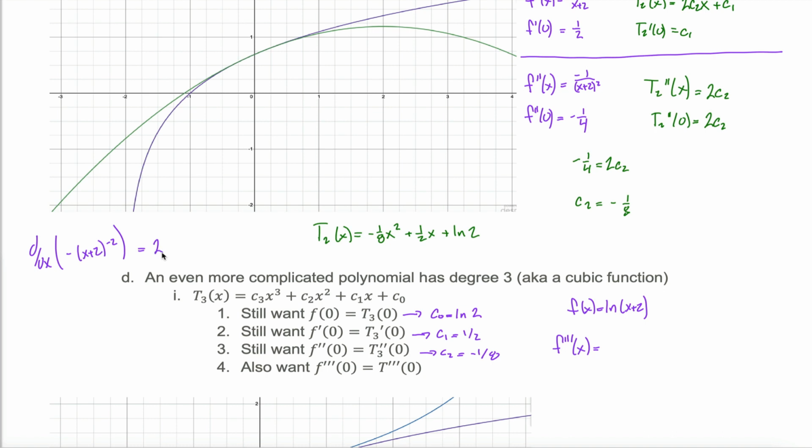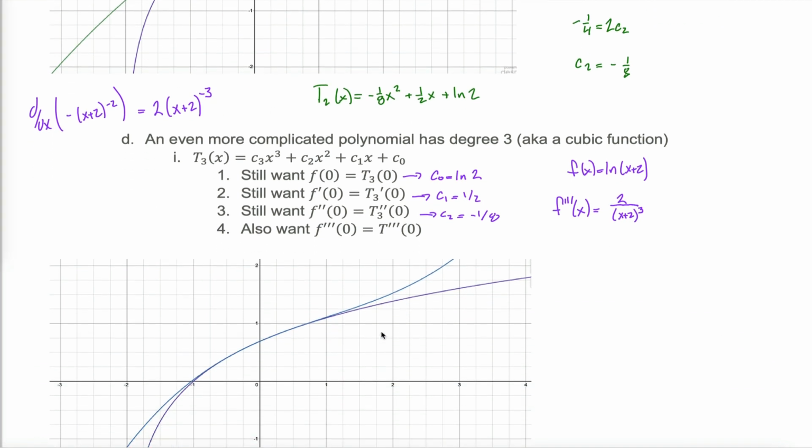Negative 1 times negative 2 gives me positive 2. I leave the x plus 2 completely alone, and then subtract 1 from the exponent to get the negative third power. Not done. I have to multiply by the derivative of the inside part using the chain rule here, but that's just equal to 1, so I guess I am kind of done. The third derivative of this function is just 2 times (x plus 2) to the negative third power, in other words, 2 divided by (x plus 2) cubed.